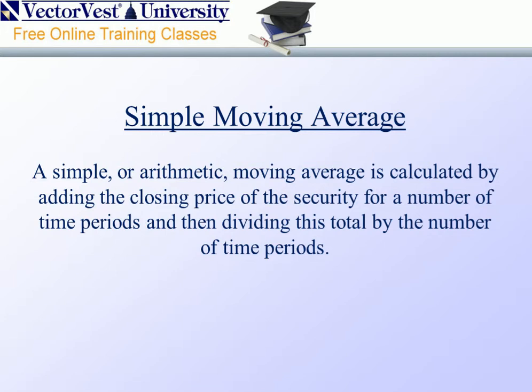The first thing to understand about RMA is that it's analyzing two moving averages. So let's first get back to the basics and understand, again, the meaning of a simple moving average. The definition from Investopedia states that a simple or arithmetic moving average is calculated by adding the closing price of the security for a number of time periods and then dividing this total by that number of time periods.